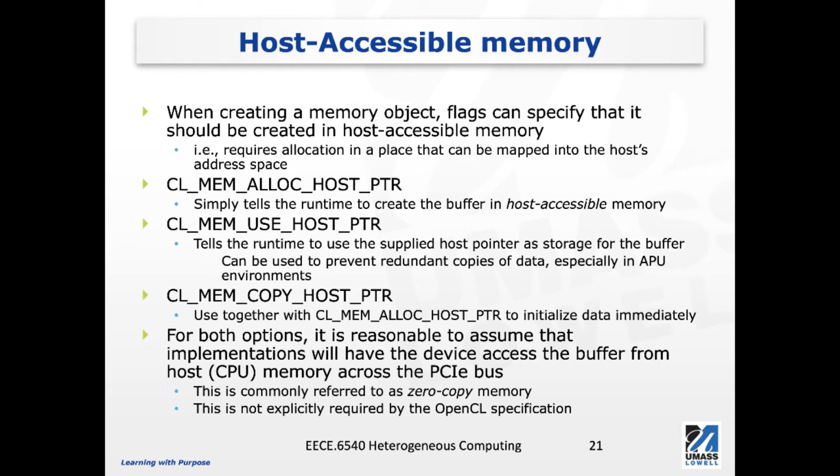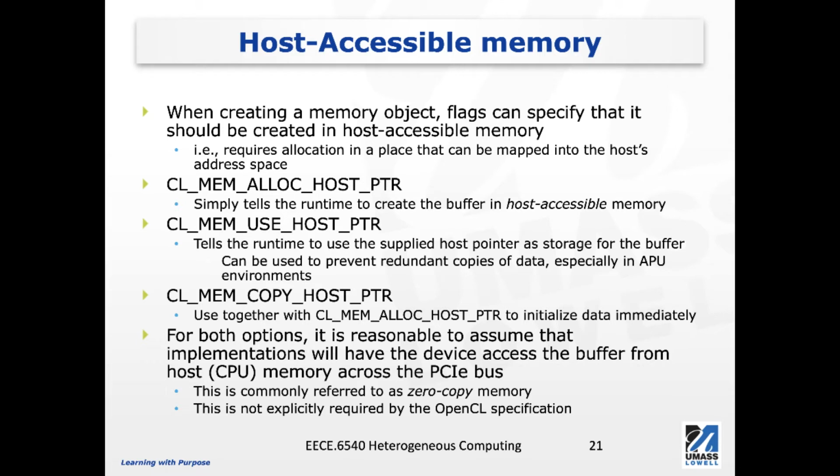CL_MEM_ALLOC_HOST_PTR tells the runtime to create a buffer in the host accessible memory, whereas CL_MEM_USE_HOST_PTR is to tell the runtime that it's going to use the supplied host pointer as the storage for the buffer. And this will prevent the redundant copies of data, especially in the APU environment.